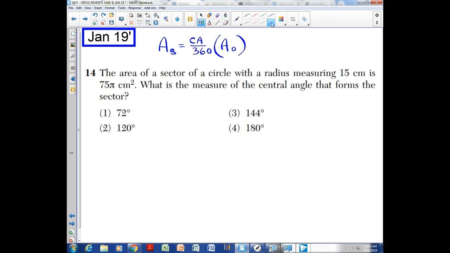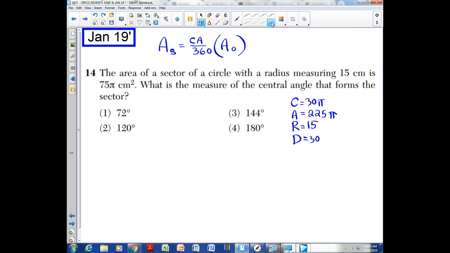So I always like to, on my scrap paper, set up a little card. If they're giving me the radius of 15, there's a lot of things I know about that circle. I know that the diameter is 30 and the circumference is 30 pi. But most importantly in this problem, I know that the area of the whole entire circle is going to be pi r squared. My radius squared, 15 squared, which is 225, times pi.